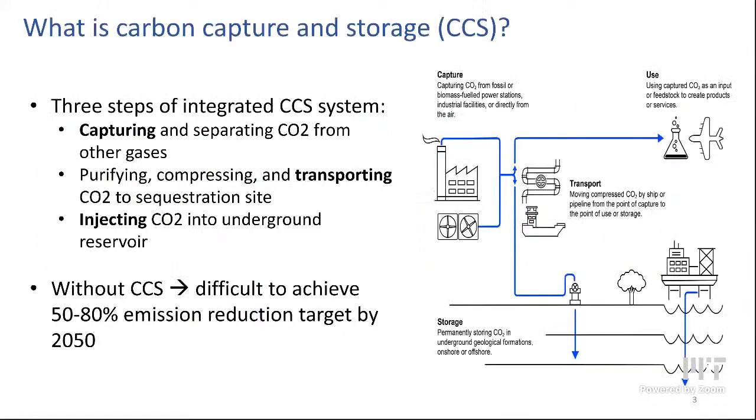Let's start with the concept of CCS, carbon capture and storage. The purpose here is to reduce the carbon footprint and help tackle global warming. It's a three-step process: capturing CO2 from power generation and other industry activities, transporting CO2 to the site of storage, and finally injecting it into underground geological formations and storing it in a deep reservoir permanently.